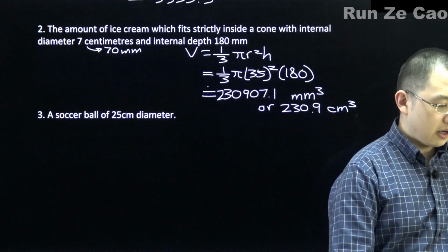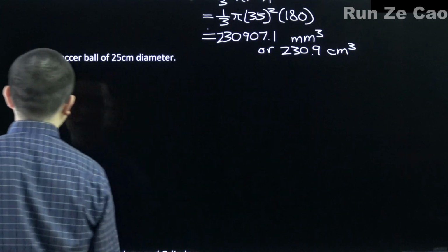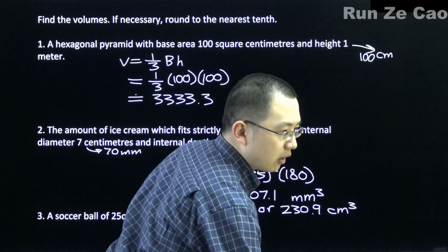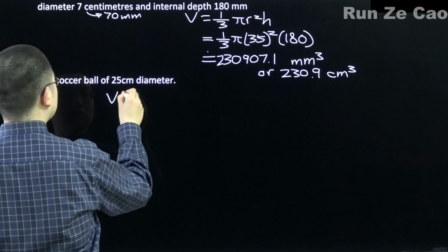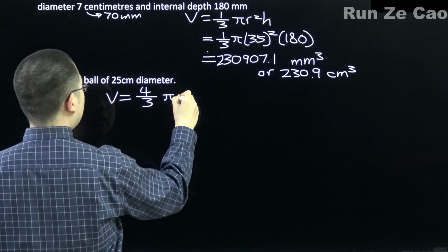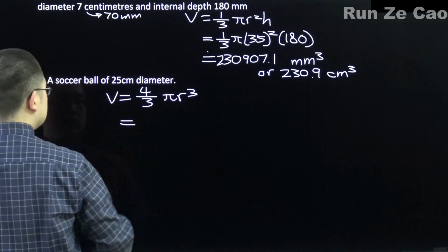Okay, suppose we have a soccer ball of 25 centimeters diameter. This question is way more straightforward than those ones. This is volume to the nearest tenth. Alright then. 4/3 pi r cubed is the formula for spheres.